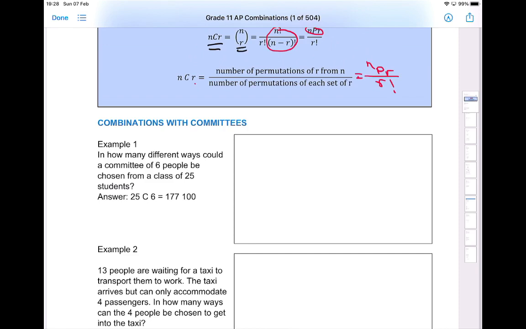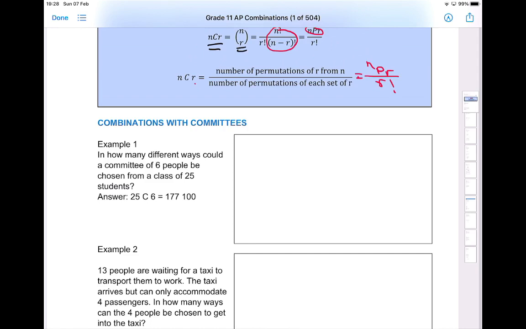Let's look at example 1, then we'll jump to other examples. The question reads, in how many different ways could a committee of 6 people be chosen from a class of 25 students? So let's make sure that we understand that one first.